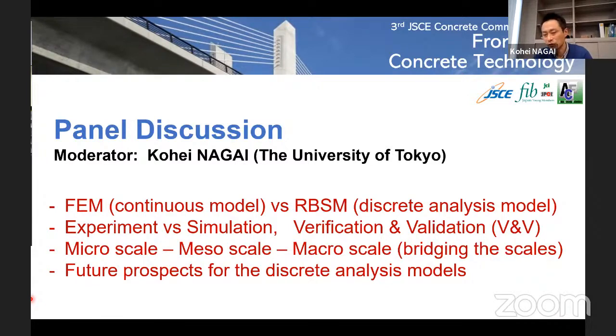So especially for concrete engineering, the discrete analysis model is very suitable to tackle that. Especially nowadays, in the maintenance of structures, not the global, overall behavior, but detailed information such as crack width or crack depth becomes more important. Maybe we have a future in that field using the discrete analysis model, I think.